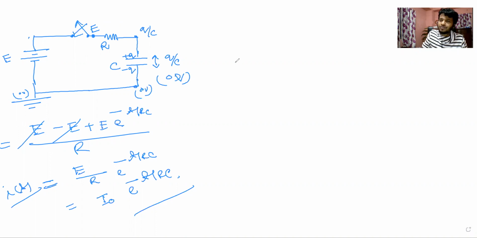Fine. And if we represent the potential across this resistor R at time t by VR of t, then we can write it as I of t multiplied by R, isn't it? VR of t, that means the potential across this resistor R at time t, equals what? The current through this resistor at time t, which is I of t, multiplied by the resistor value, isn't it?